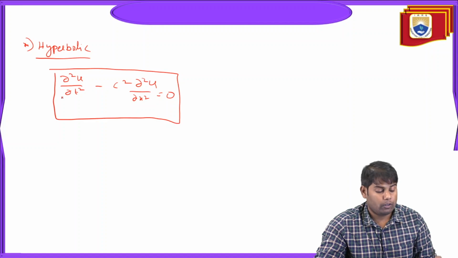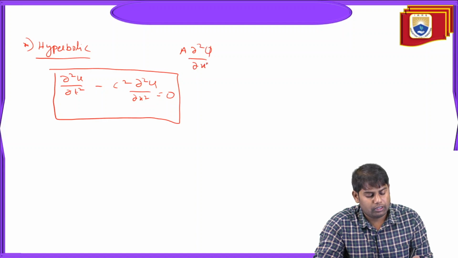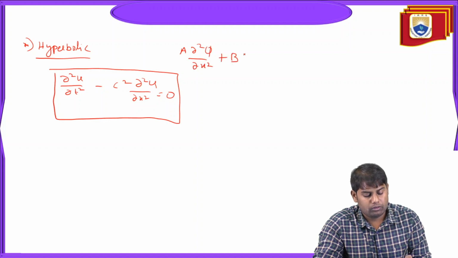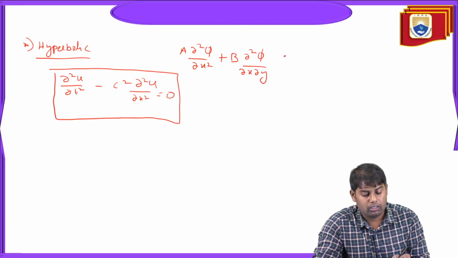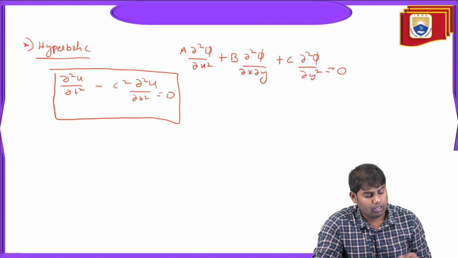Let us take this. Again let us write the general equation: a ∂²φ/∂x² plus b ∂²φ/∂x∂y plus c ∂²φ/∂y² is equal to 0. Compare these two.